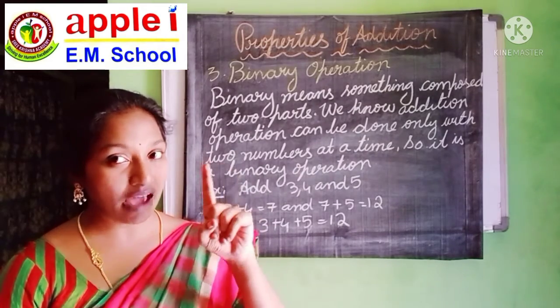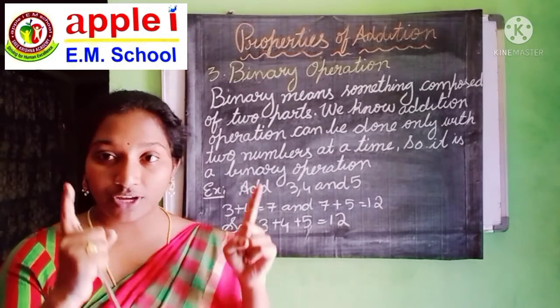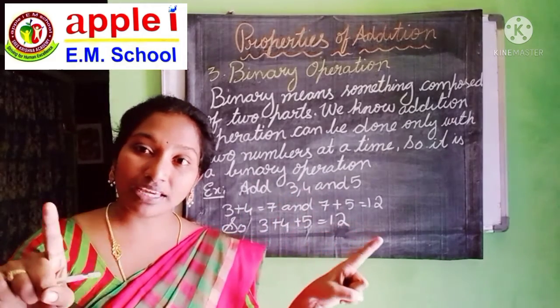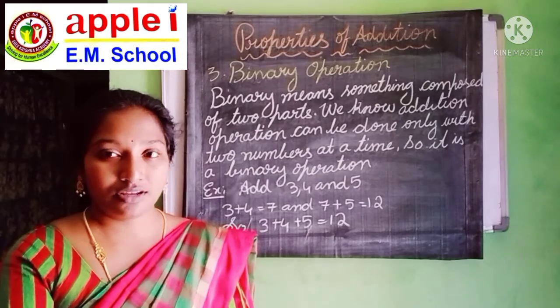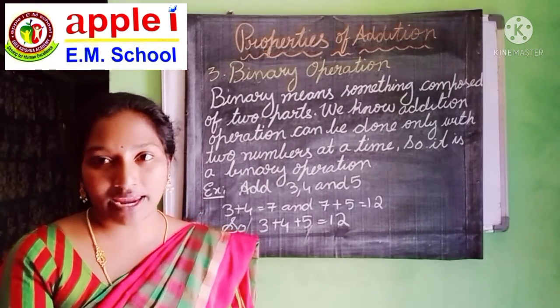Suppose you have one number, can you add it? No. If you have two numbers, we can perform addition. So two means binary.